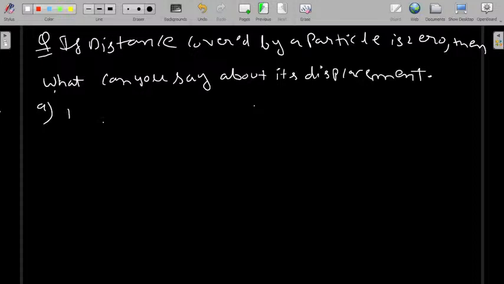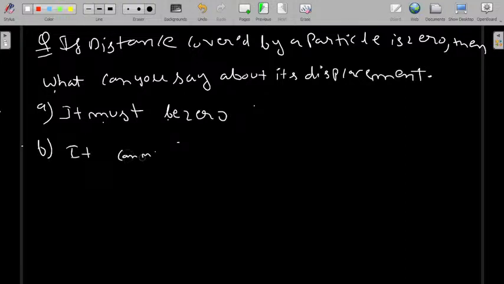First option, displacement must be 0. Second option, it cannot be 0. Third option, it may or may not be 0.